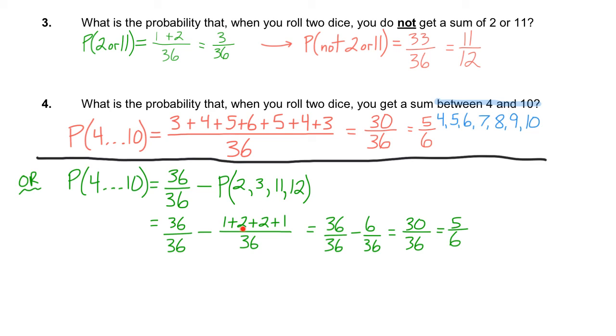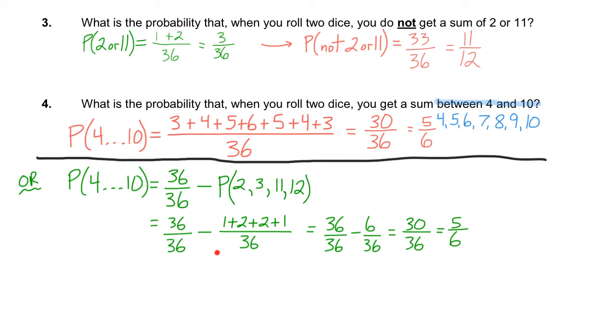So there's 6 ways you can roll not between 4 and 10 out of the 36. And that's the complement. So to find the probability of what we want, we would just take that away from the whole, which leaves us with 30 out of 36, which we had before, which reduces to 5/6.